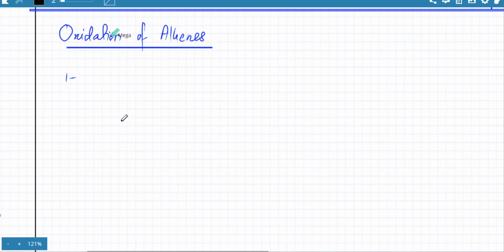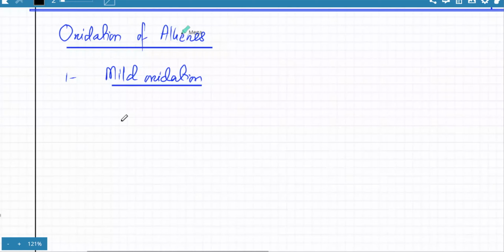Number one is mild oxidation, which has cold, dilute conditions. For mild oxidation, you need an oxidizing agent, which is cold dilute or alkaline KMnO4.